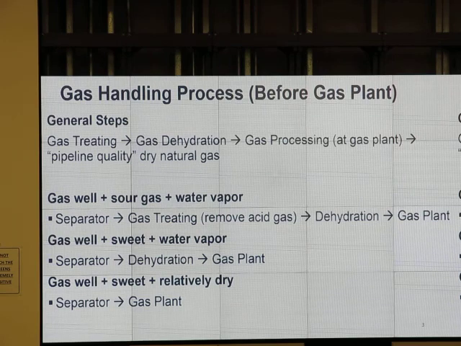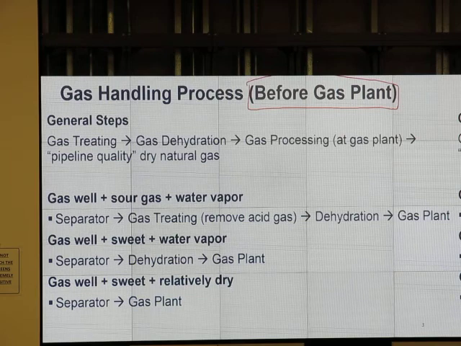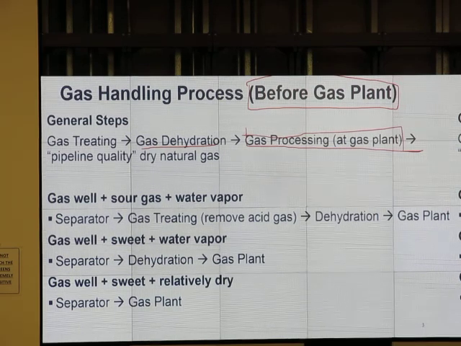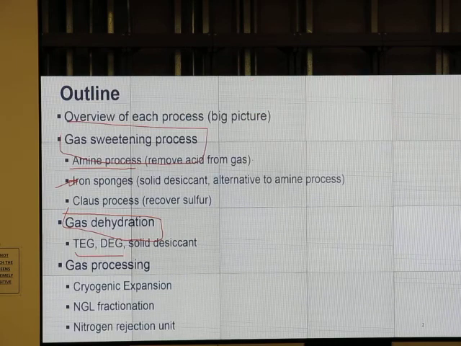These steps are done before the gas reaches the gas plant. You should have gas treating and gas dehydration. Gas processing is to be done at the gas plant. What is gas processing?